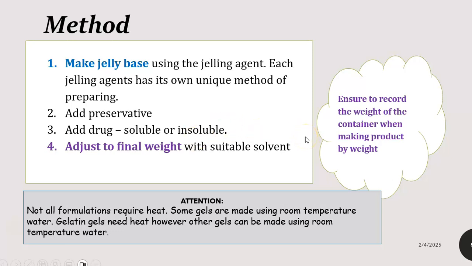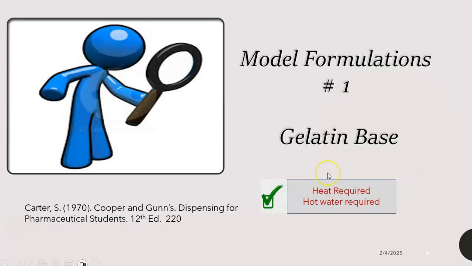Now, if you watch some videos on YouTube, you do have analytical balances that have a stirrer component, and so you could actually drop a magnetic stirrer in the beaker so that you can stir without using a stirring device to remove any of your product.